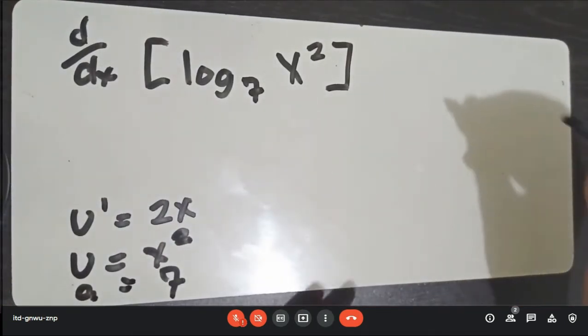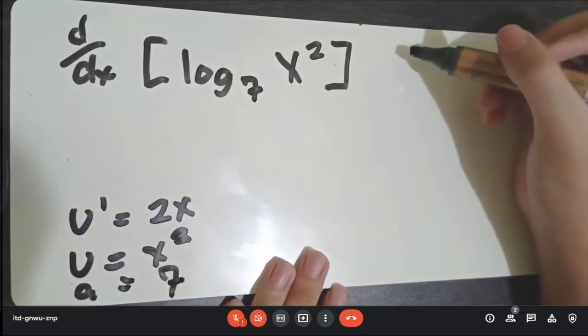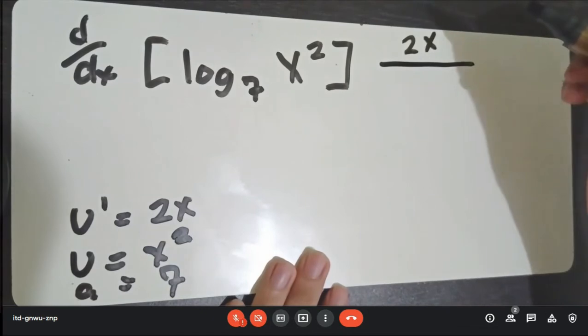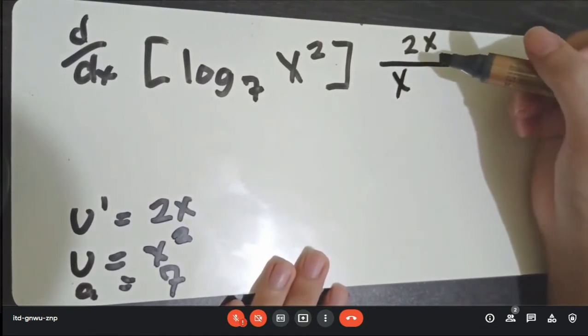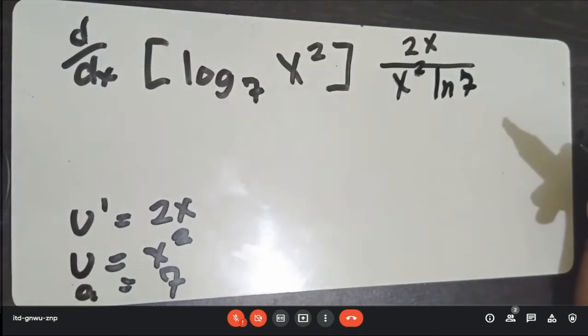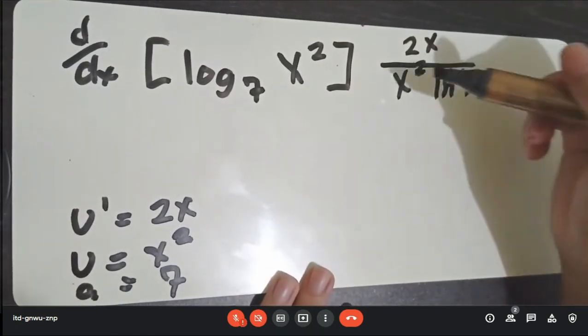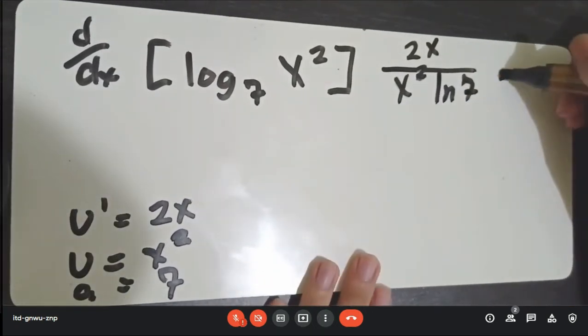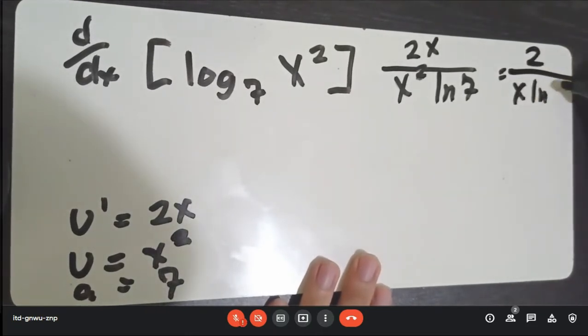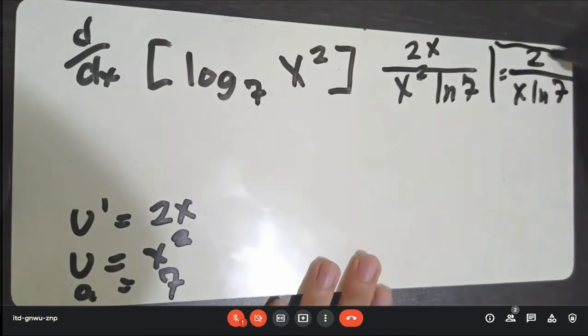So the answer is 2x over x squared ln 7. You can simplify it and it becomes 2 over x ln 7. And that's the final answer.